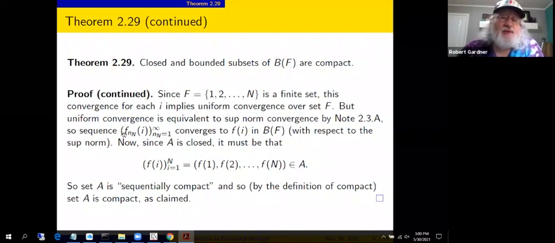So this sequence, f sub n sub capital N of i, converges to f of i in B of F with respect to the sup norm.